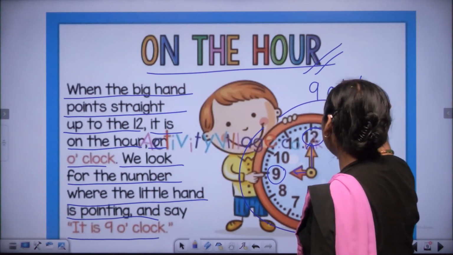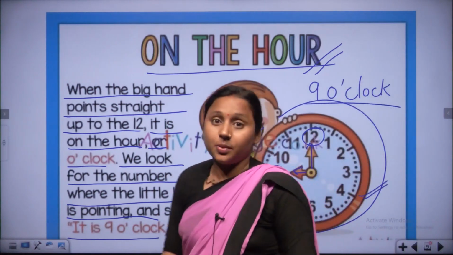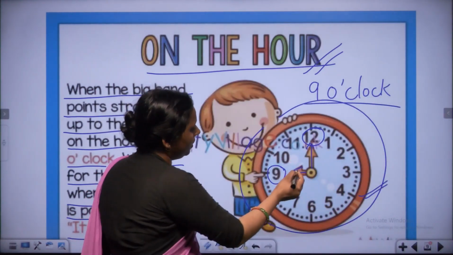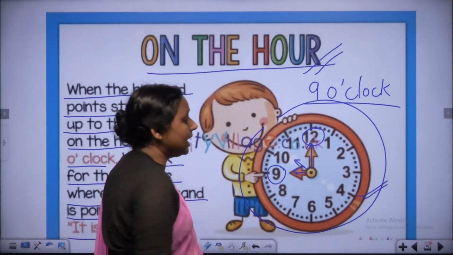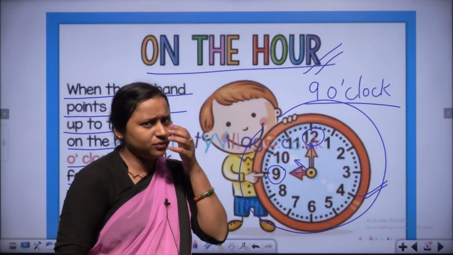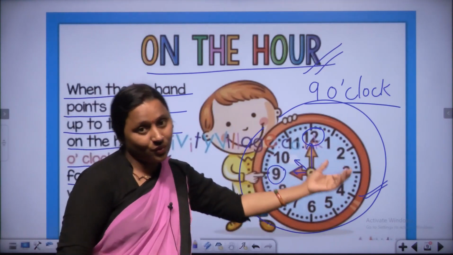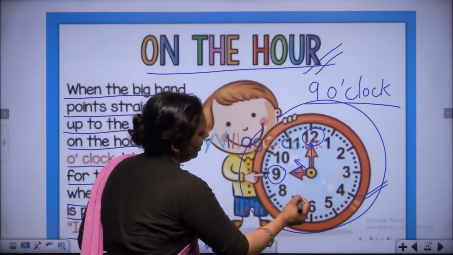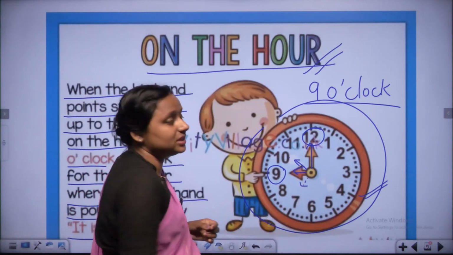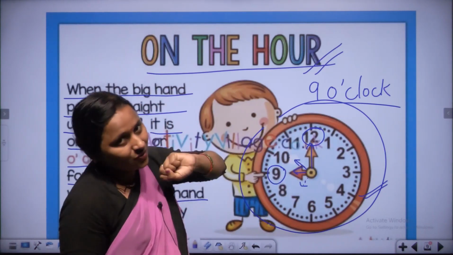Suppose when the hour hand goes to 10 and the minute hand is at 12, what do we read? Yes, we read 10 o'clock. If the hour hand is at 7, what do we read? And the minute hand at 12, yes, 7 o'clock.